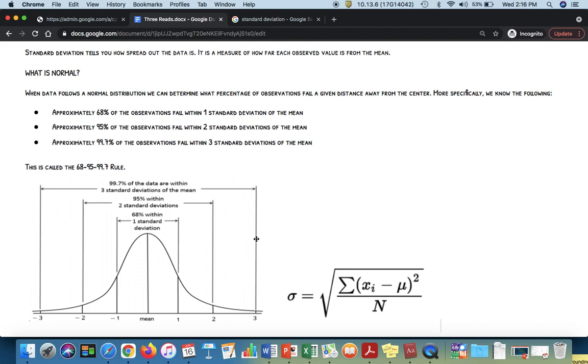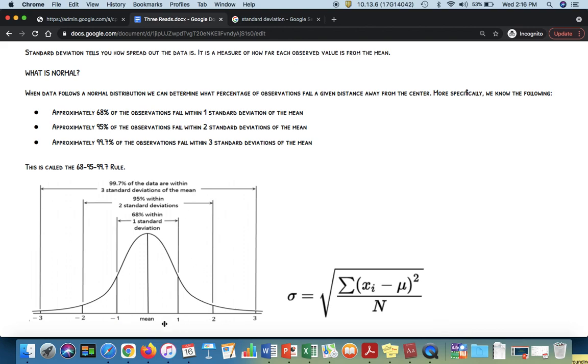When data follows a normal distribution, we can determine what percentage of observations fall in a given distance away from the center. More specifically, we know the following: approximately 68% are going to fall within 1 standard deviation from the average, 95% will fall within 2 standard deviations from the average, and then 99.7% of observations will fall within 3 standard deviations of the average.